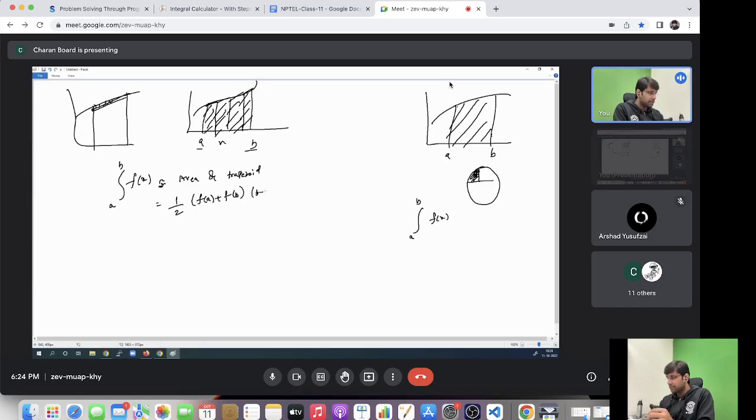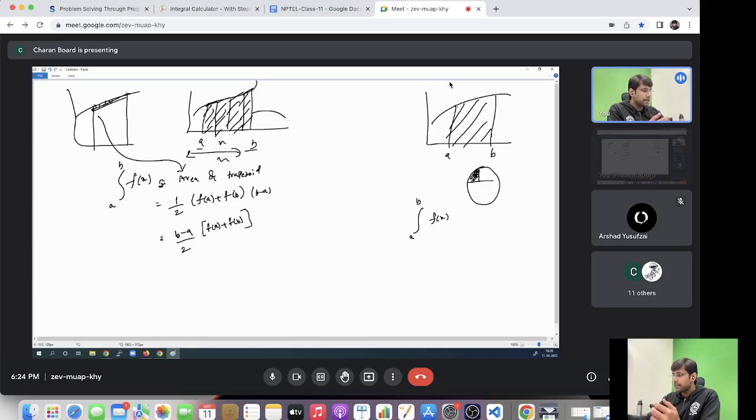So height is b minus a. So what they came up with is b minus a by 2 into f of a plus f of b. But this is for a single one.